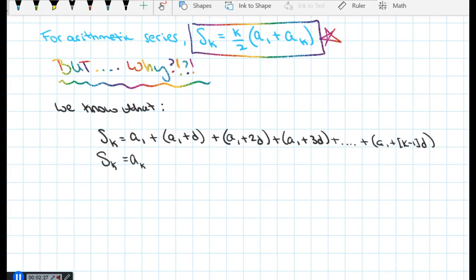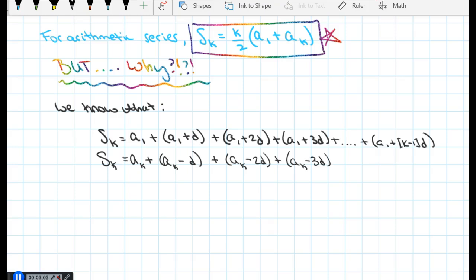Plus the second to last term is going to be the last term subtracting d, a sub k minus d. Everyone okay? Plus the next term is going to be the last term minus 2 d's, plus the next, a sub k minus 3 d's.